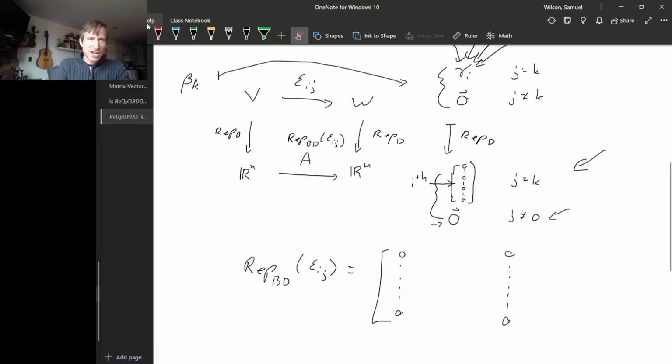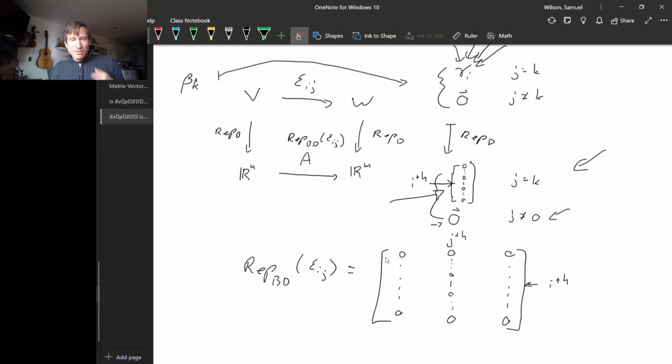So zeros everywhere except in the jth column. And what happens in the jth column? The jth column is this vector: zeros everywhere except in a single position, and that single position, where there's a 1, is in the ith row. So just like I said, the representation matrix for epsilon ij is the matrix that is 0 everywhere except in the ith row and jth column.